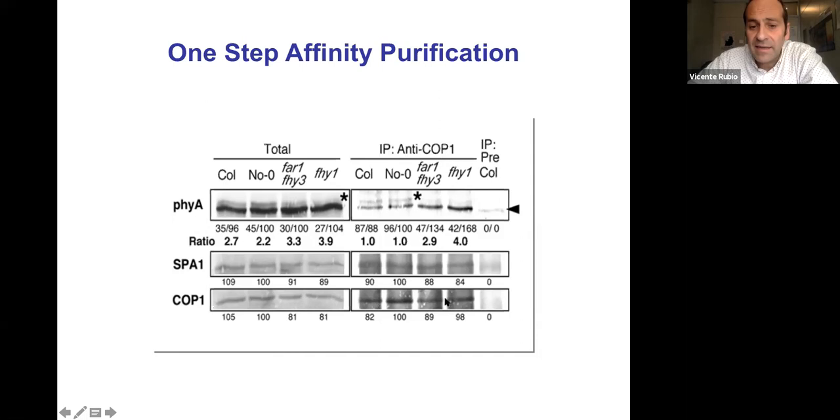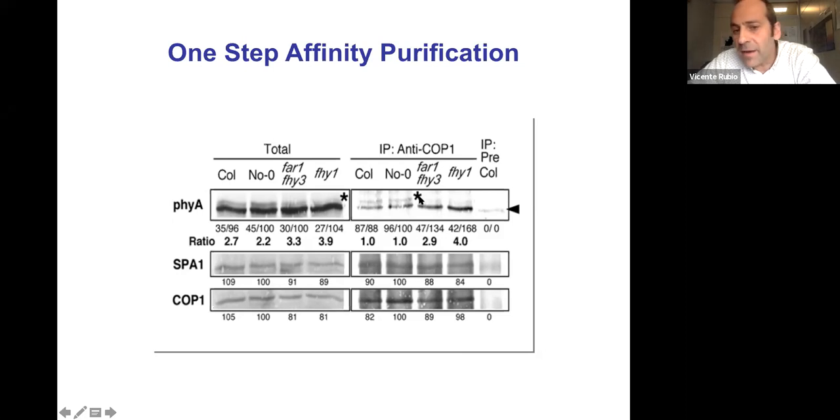And here you can see the amounts of protein that he was able to immunoprecipitate. Together with COP1, he could detect a partner of COP1, which is SPA1. So he could have a relative idea of the amount of protein that he was co-purifying, so how well the process was going. And as a readout, he was checking phytochrome A, but not just unmodified phytochrome A, but also phosphorylated phytochrome A.